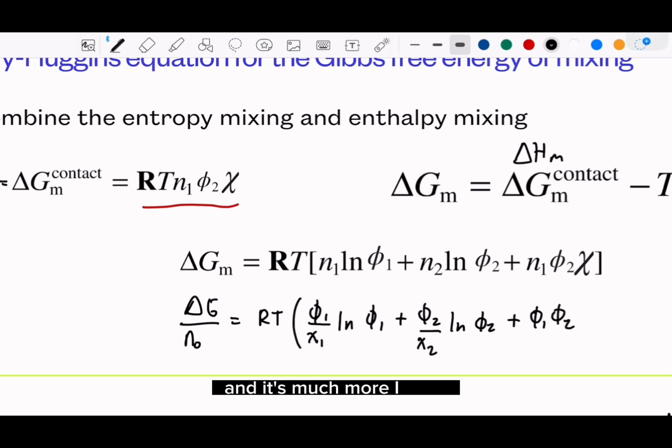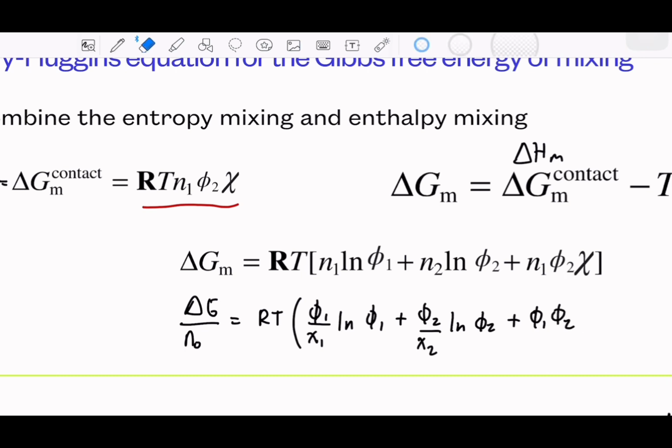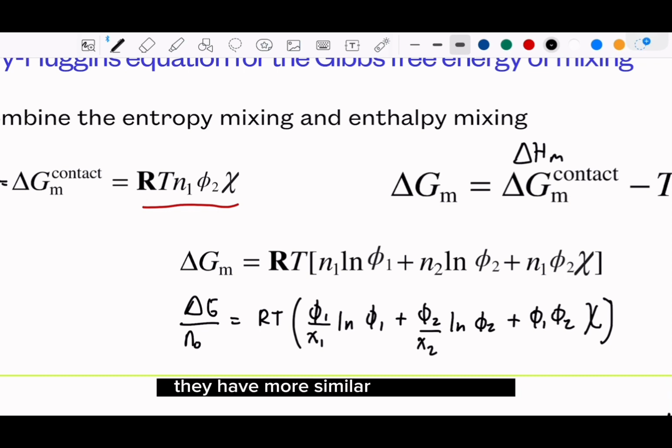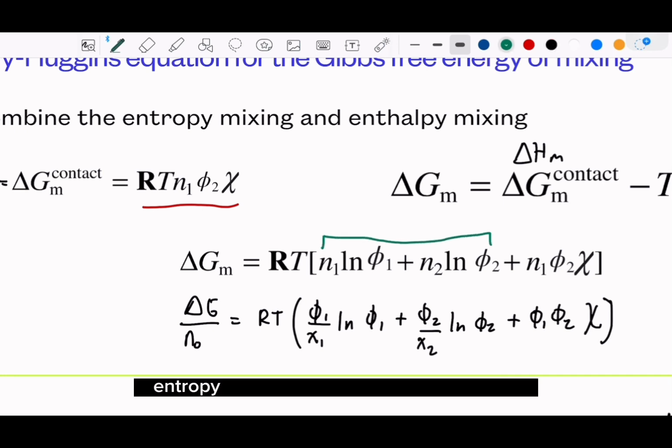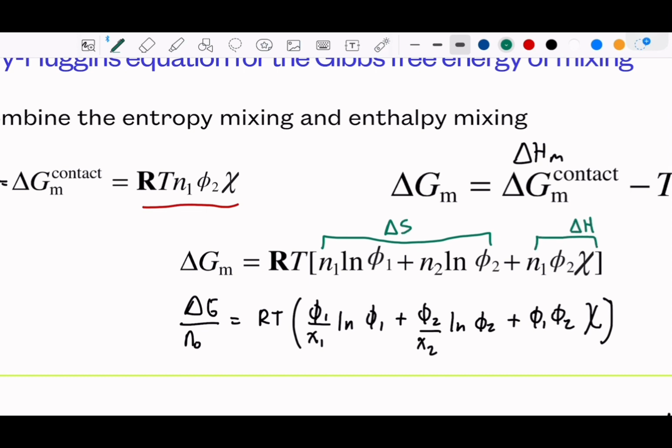And I think they are more similar in the writings. So this will be the entropy, the delta S. This will be the delta H.